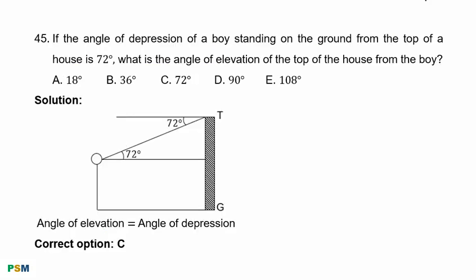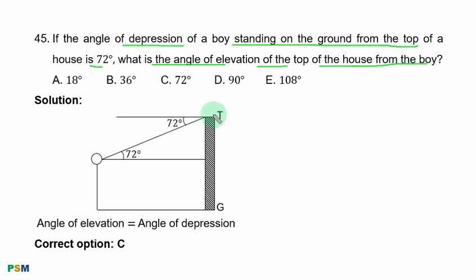Question 45. If the angle of depression of a boy standing on the ground level from the top of a house is 72 degrees, what is the angle of elevation of the top of the house from the boy?